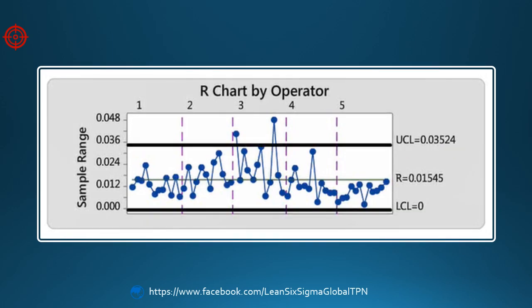Next, we add the control limits. The upper and lower control limits represent the amount of variation we expect to see if the operator ranges are stable over time. For the PCBA viewer operators, the upper control limit is 0.03524 and the lower control limit is 0.